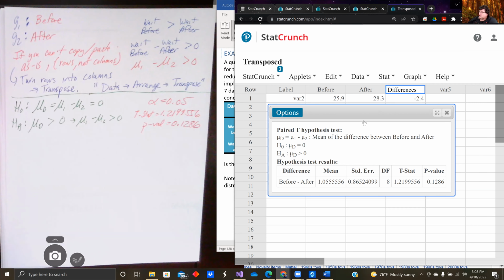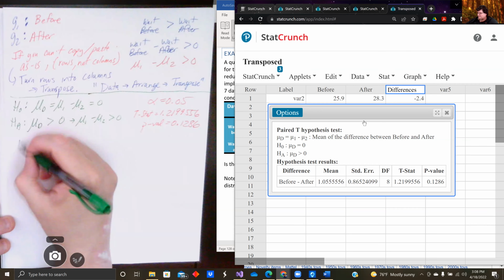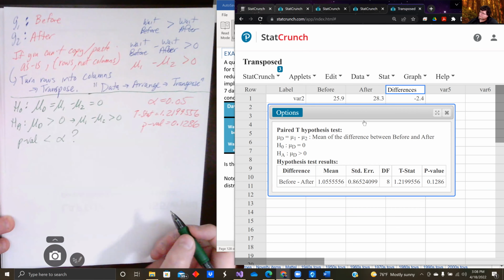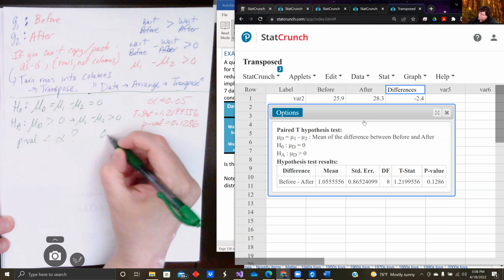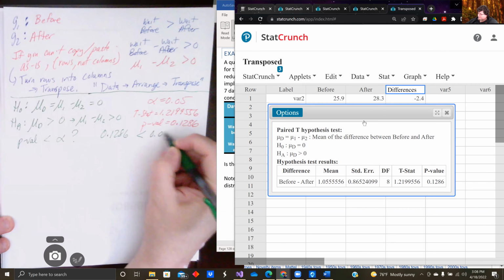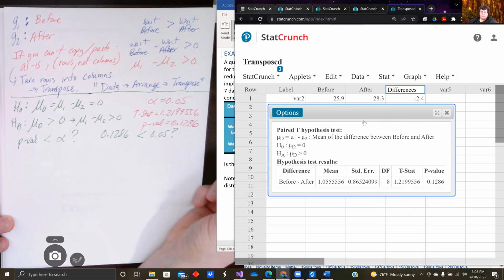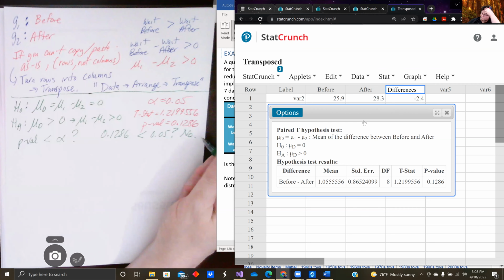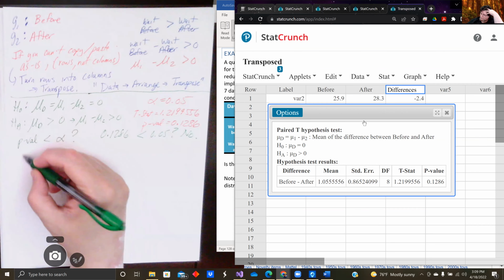All right, so I've got my p-value, I've got my alpha, I've got my test statistic. Let's make a decision. Is p-value less than alpha? 0.1286, is that less than 0.05? No. So the p-value is not too low.